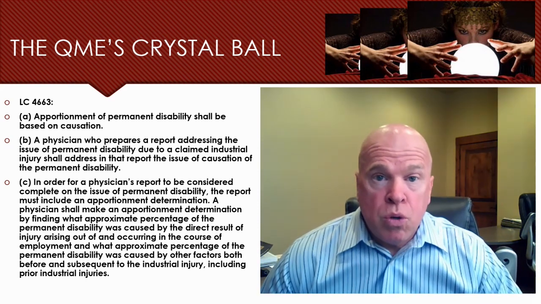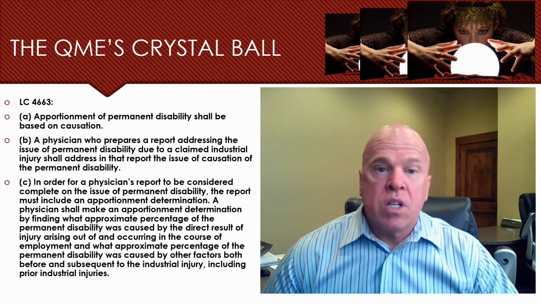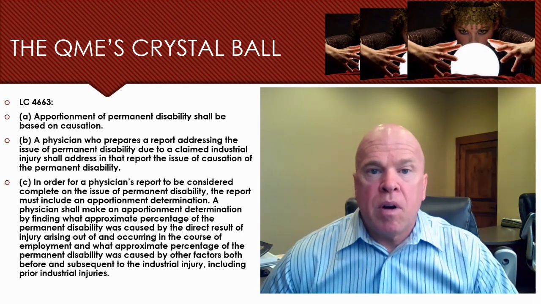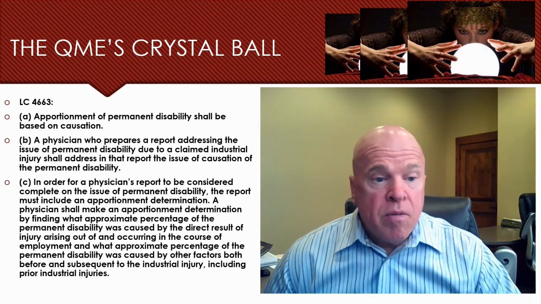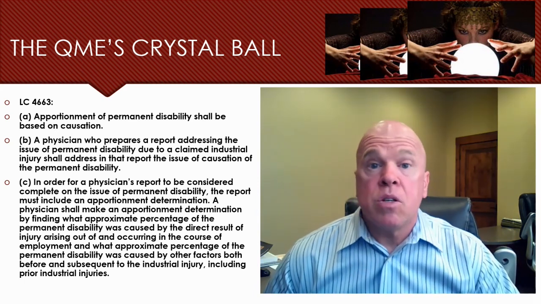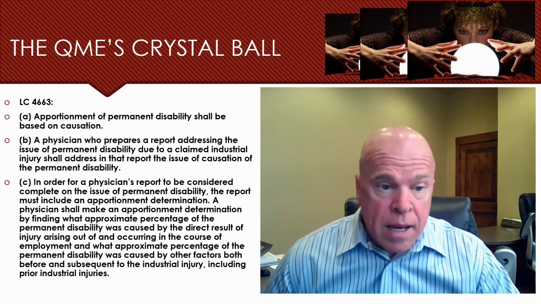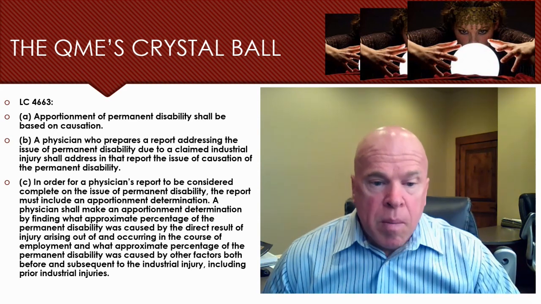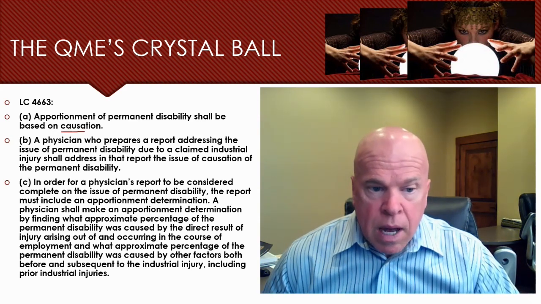So with regards to Labor Code 4663, let's just read a couple of relevant passages. 4663 tells us that now in the new era, since the passage of Senate Bill 899, apportionment of permanent disability shall be based on causation.